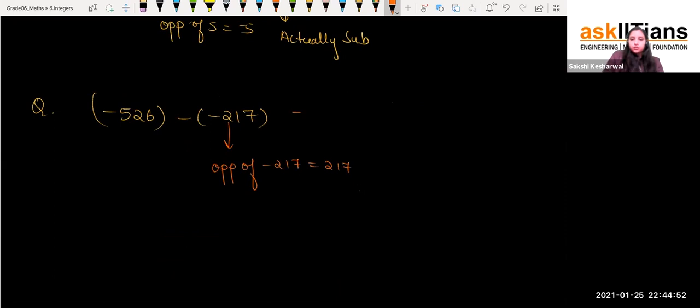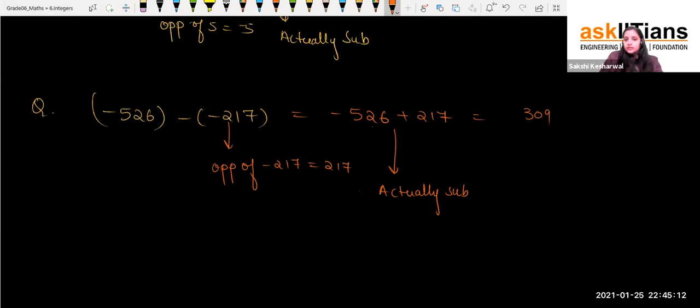So this is minus 526 plus 217, right? Actually you will be subtracting, so this is equal to 309. Since 526 is greater, the answer has a negative sign. I think everyone understood this concept very well, right?